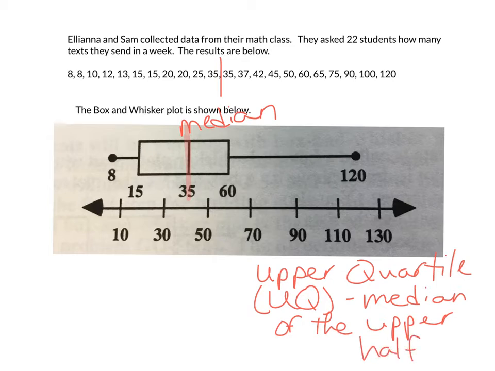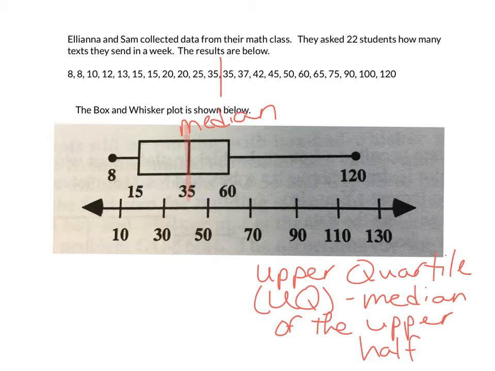So if I were to take these 11 numbers and find their median, so 1, 2, 3, 4, 5, 6, 7, 8, 9. Oh, there's only 10 numbers. Excuse me. Wait. 1, 2, 3, 4, 5.